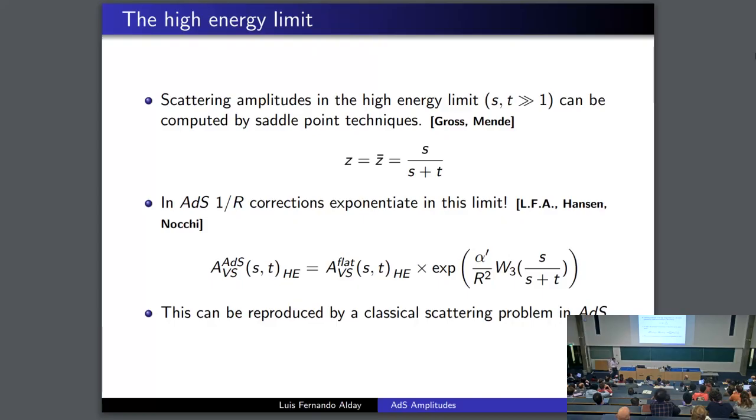So in the high energy limit, we get a formula which is valid to all orders in 1 over R, but in each order, you keep only the large S, T leading contribution. And in that limit, we get this beautiful exponential.